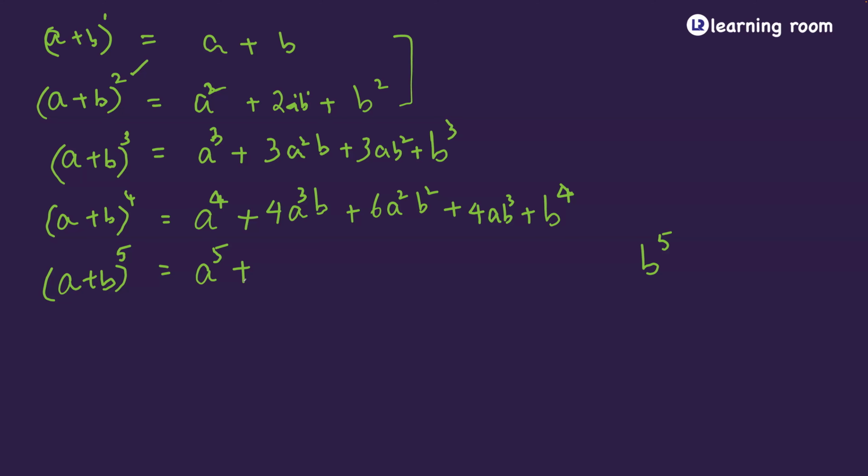I told you at the beginning, the sum of the powers of the variables will always give the index to which you raised it. Here it is a cube, here it is b cube. a square b, 2 plus 1, 3. ab square, 1 plus 2, 3. Similarly, a power 4, 4a cube b, 6a square b square, plus 4ab cube, plus b power 4.